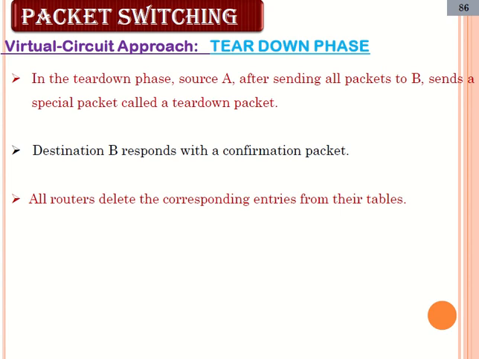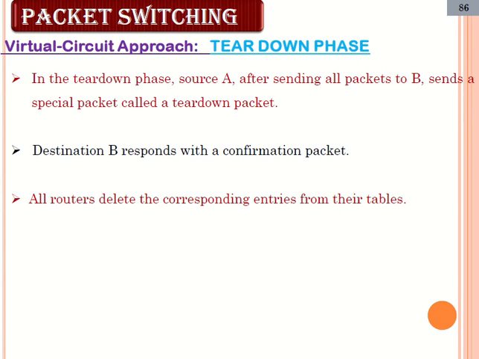Once this confirmation packet has been received at the source, all the routers in the particular path, whichever routers were used between the source and the destination, will delete their entries in the table. We had seen that each table had an entry, right?